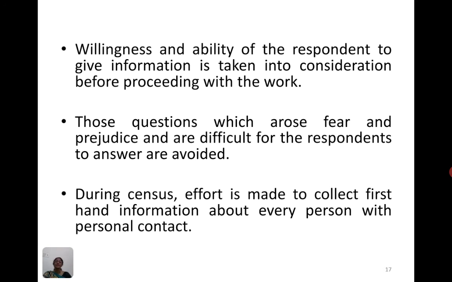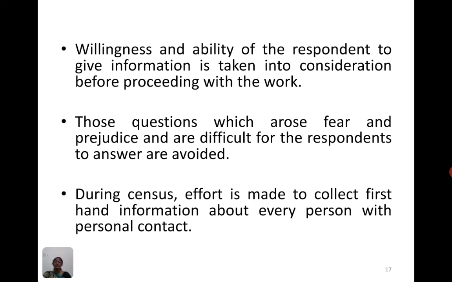Willingness and ability of the respondent to give information is taken into consideration before proceeding with the work, and those questions which arouse fear and prejudice in the minds of the people and which the respondents find it difficult to answer are avoided.